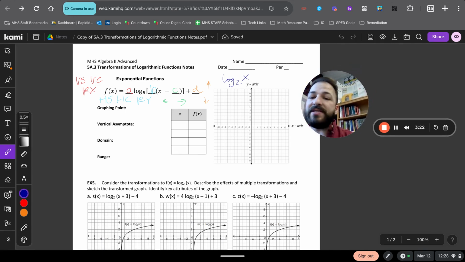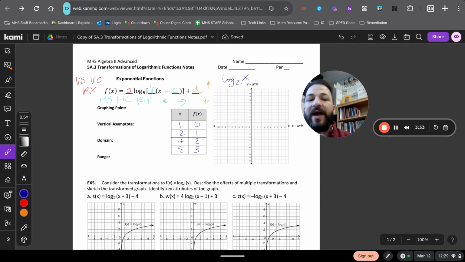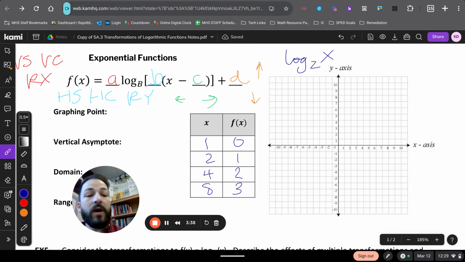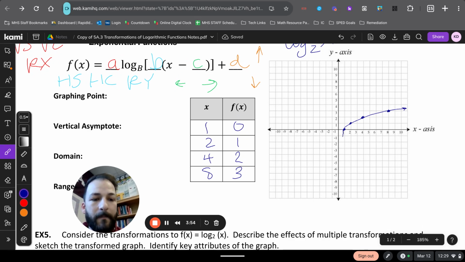So adding our points in, we got 0, 1, 2, and 3 for our y values, and 1, 2, 4, and 8 for our x values. And adding those on to our actual graph: (1, 0), (2, 1), (4, 2), and (8, 3). And we can connect the dots to get our nice logarithmic shape.